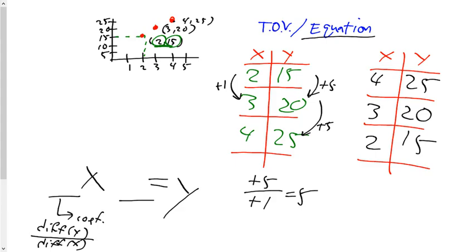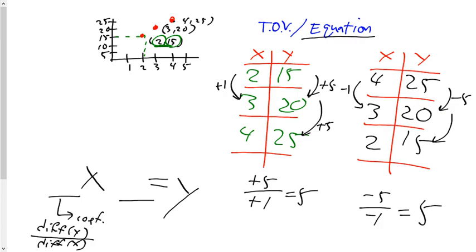If I do the same thing with the other column, which just has different values, here it's going down by 5, and here it's going down by 1. But as you can see, if I substitute that into my formula, it's still going to give me the same coefficient no matter which way I do it, right? Does that make sense to everybody? So it really didn't matter which way I plotted it.